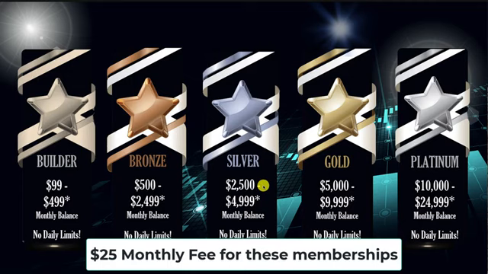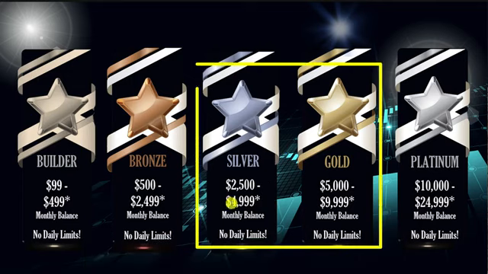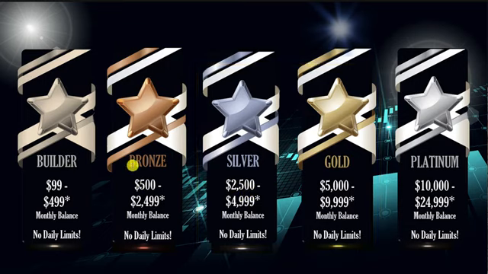Now, as a recommendation, the Silver package is the main entry level that the majority of Novatech members start with, because it's a healthy balance that allows you to enjoy the weekly ROIs while you have that monthly balance. The Builder and Bronze packages are mainly recommended for those who are also going to be building teams and building their accounts with the commissions that they are earning from sharing this opportunity with other people. But again, that's up to you. You decide what you are comfortable with.